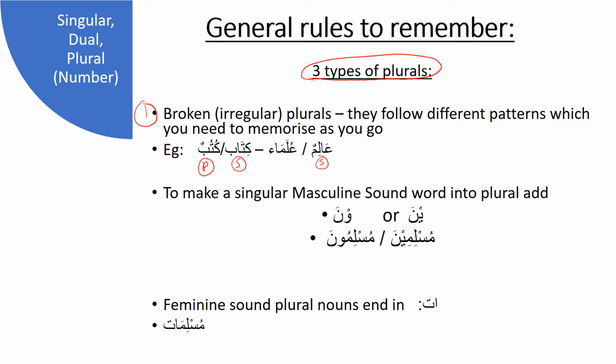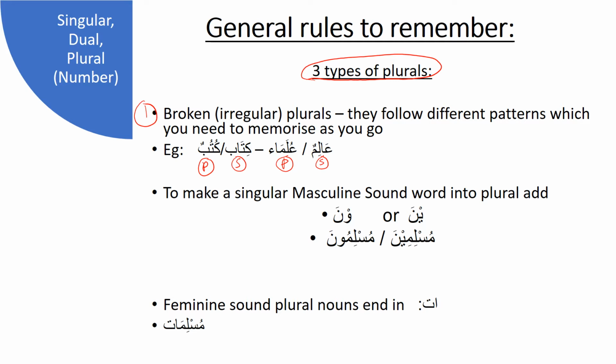Alimun is singular. The plural of alim is ulama. I'll be giving you the plural of every word, or you can ask me the plural of a word as we go along, and you can memorize it just like that. But as you can clearly see, the plural also has the same root letters as the singular, so that makes it a little bit easier for us to understand.